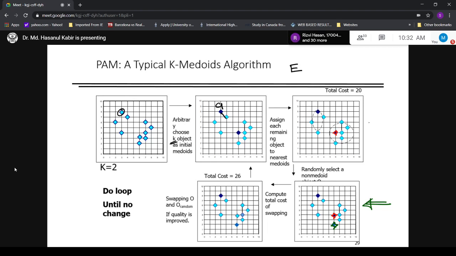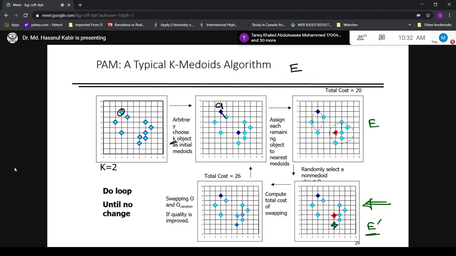Let's say for the previous case the cost was E, and if we take the green one, of course you have to do the class membership again and compute this cost function, and you get your new cost function E dash. Now which one is better? What do you think?